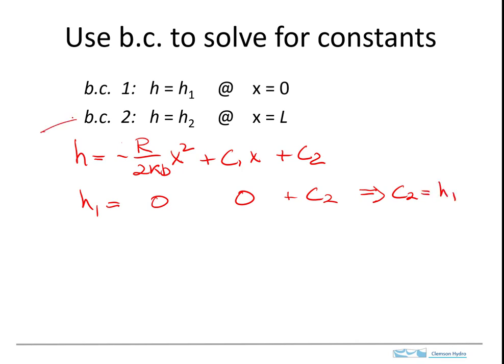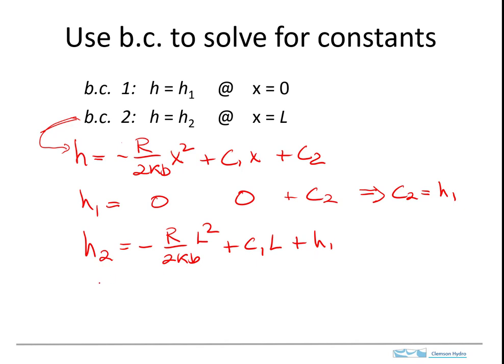Then we can substitute in the second boundary condition. That gives us H2 equals, now we're going to substitute in x equals L, so minus R over 2KB L squared plus C1 L plus C2, but we know now that C2 is H1. So that's the expression. We know everything except C1, which is what we're after.